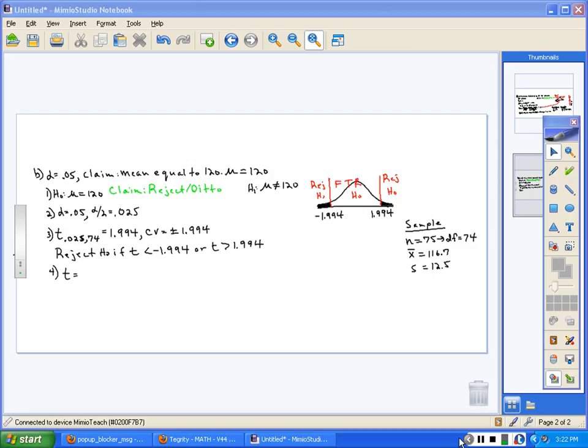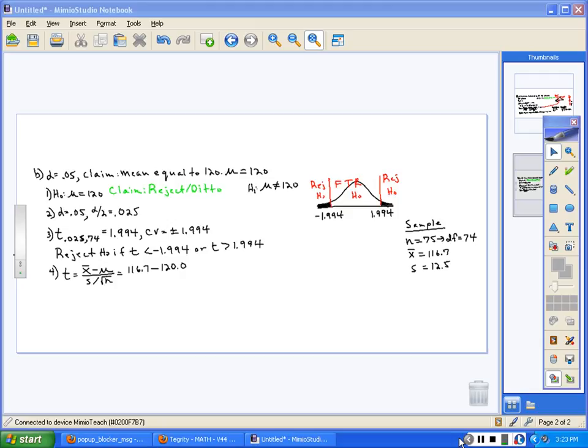It's X bar minus mu over S divided by the square root of n. So X bar is 116.7. To get mu, remember you get your population numbers from H0. So mu is 120.